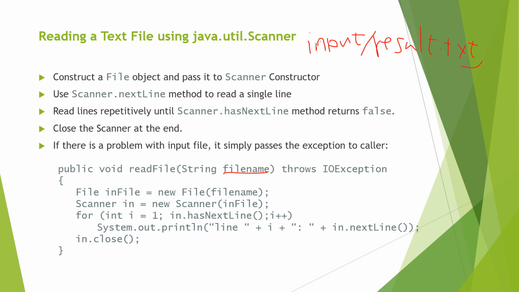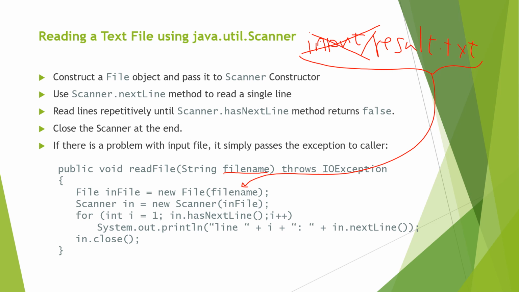So this can replace the file name that I have here, right? Or if the file results.txt is inside the root directory of your project, then you don't need the input slash part. You don't need to pass the file path along with the file name. You can just have results.txt.